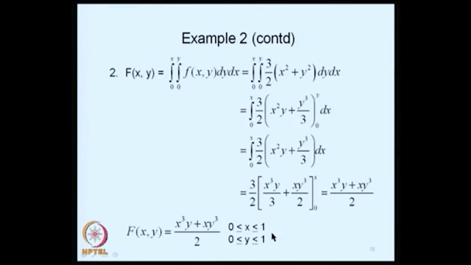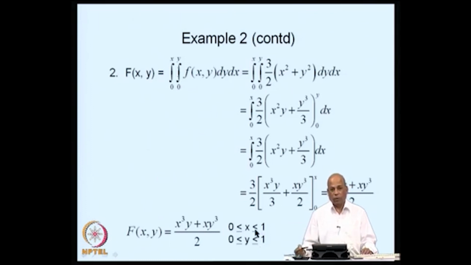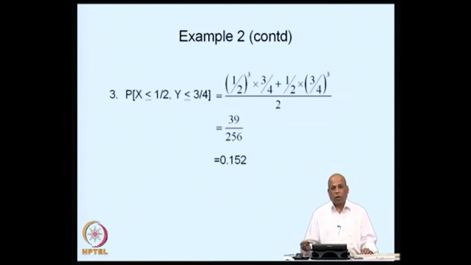Remember, whenever we define either the joint PDF or the joint CDF, we must indicate the range over which the expression is valid, and it is understood that outside of this range the value is 0 in this particular case. Then we go on to the probability that x is less than or equal to half and y is less than or equal to 3/4. This follows from the definition of the CDF.